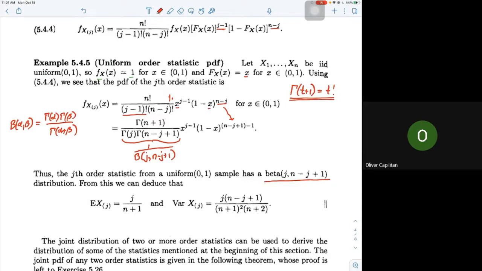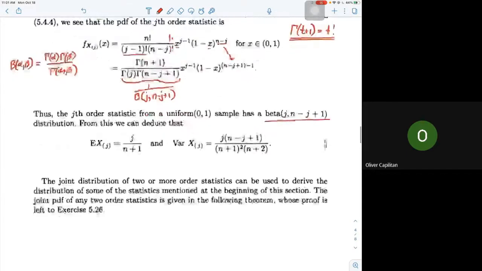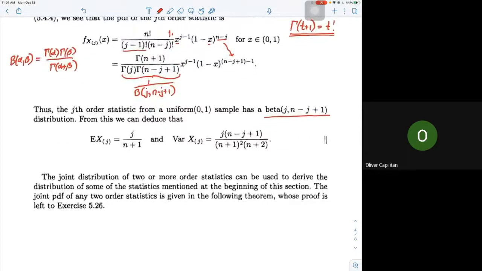If we have a random variable X that has a beta distribution, beta alpha, beta, its PDF has this form: 1 over B of alpha, beta, and then we have x raised to alpha minus 1, then we have 1 minus x raised to beta minus 1.